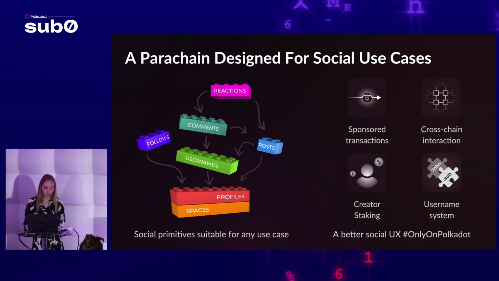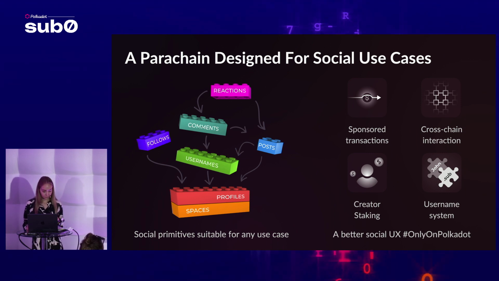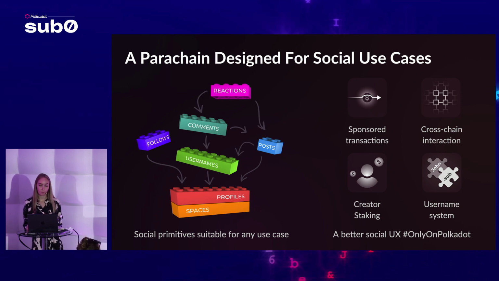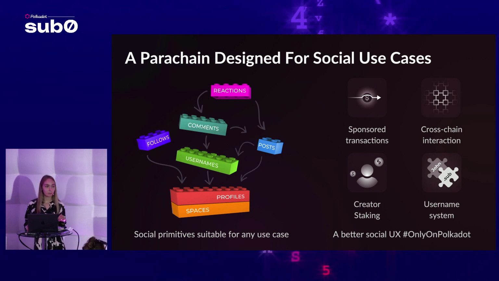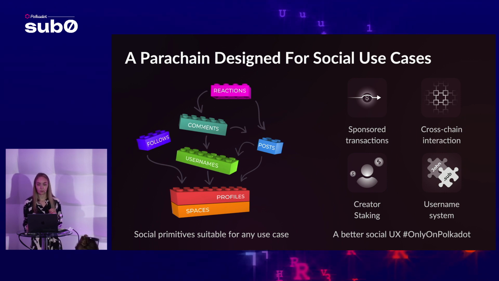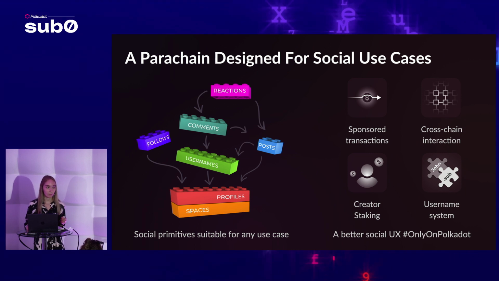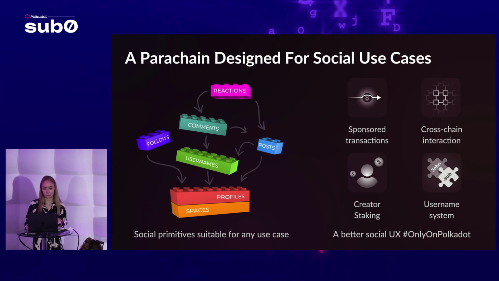So using the primitives, you can build any kind of app. And with the help of Polkadot SDK, we can build unique UX features, such as creator staking, sponsored transactions, a username system, and cross-chain interaction. Let's talk about them in more detail.